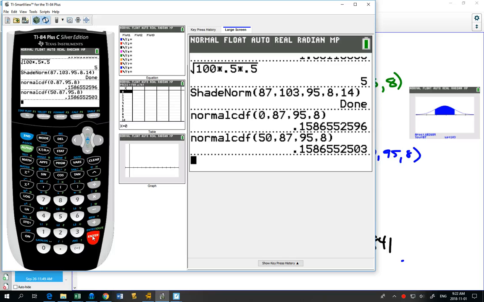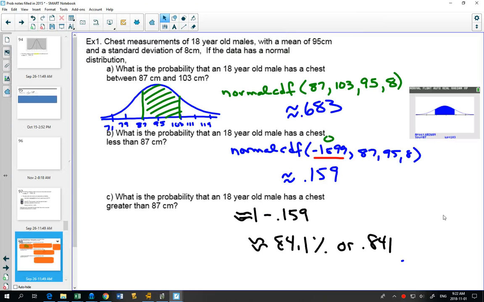To 3 sig figs, if you want to find something less than something, the minimum you would have to set as your lower is probably 5 standard deviations below. 5 times 8 is 40. If I went down to 55, I'd probably be more than likely fine. The negative 1 e to the 99 is an overkill, but it works. It for sure will give you the exact answer all the way.